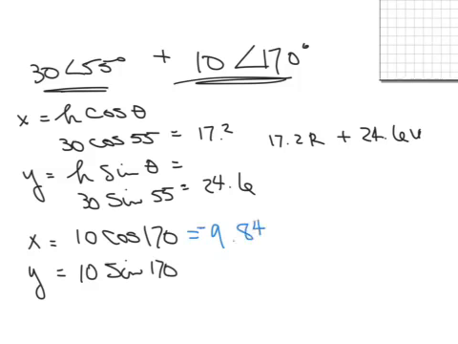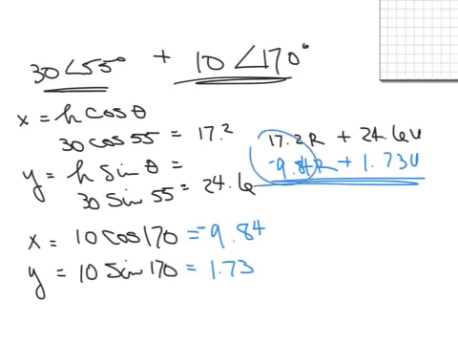In fact, that's going to be a negative. And 10 sine of 170 will be 1.73. So let's write that as negative 9.84r plus 1.73u.